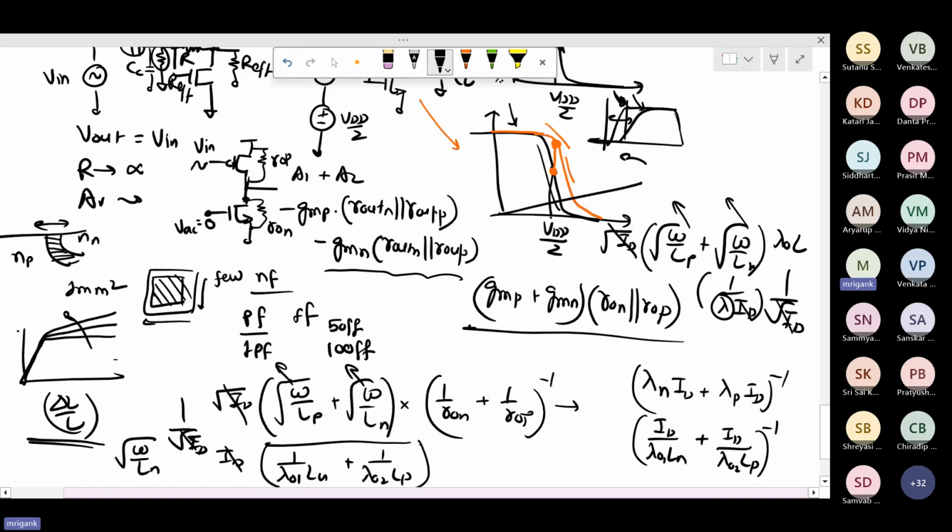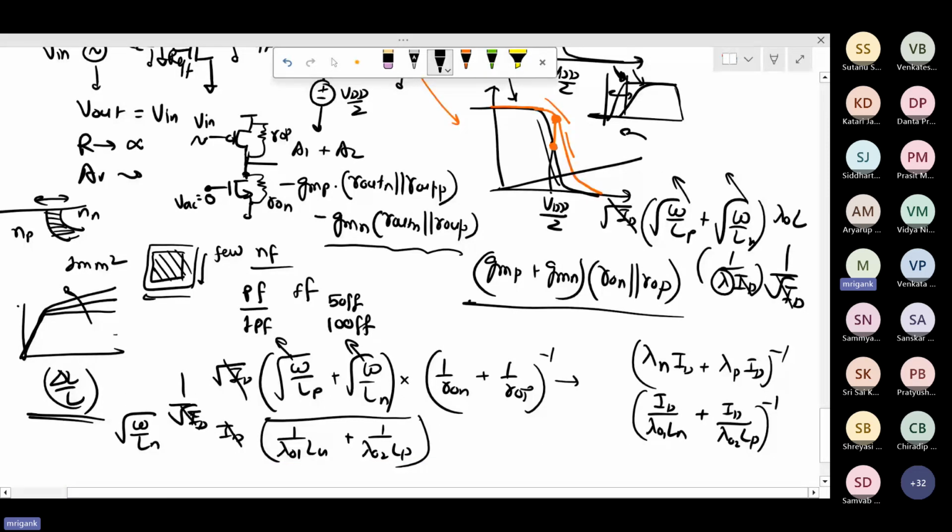So it has some effect on the gm. So larger W and larger L both will help in getting you improved gain in this circuit. This part I will give you as an assignment, and you can see the effect of W and L on the overall MOSFET small signal gain of this circuit.